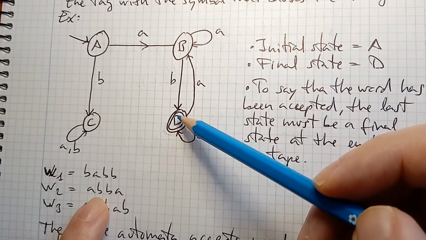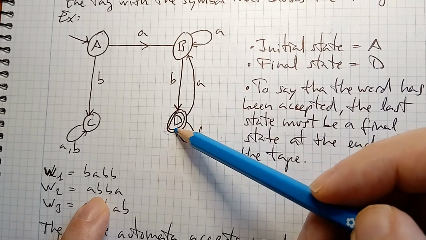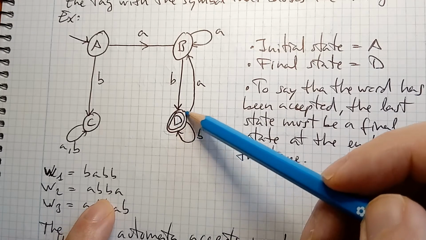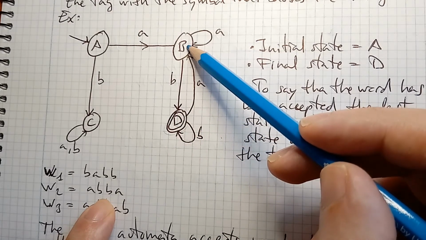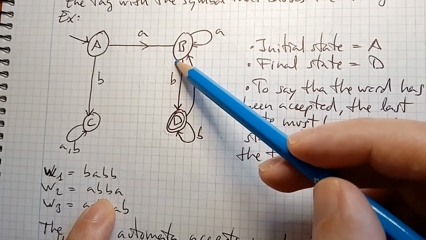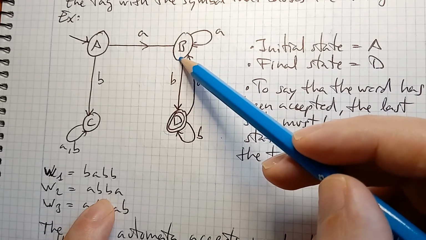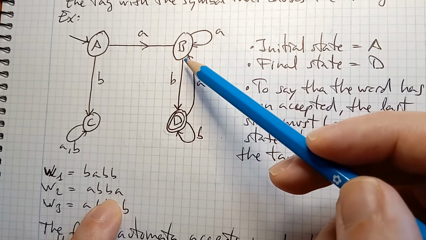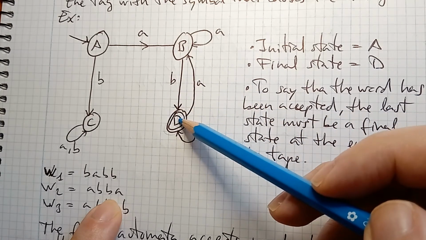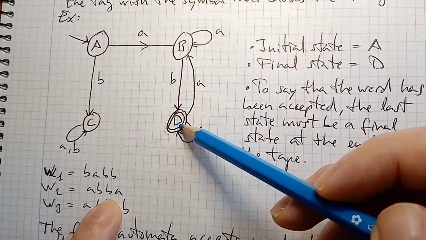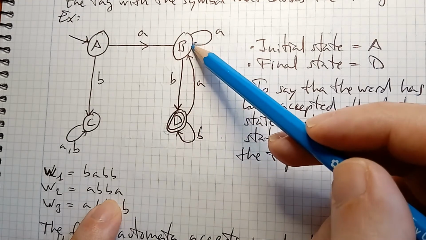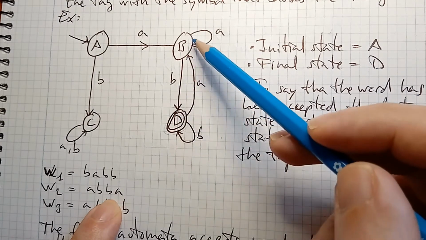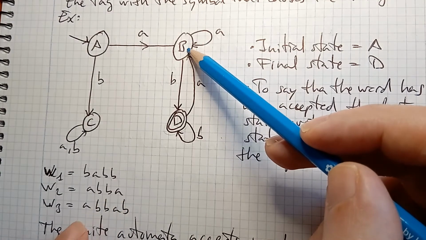But still one B remains, in the final state, and an A. And we end the string in a non-acceptor state, so the word is also rejected. Although we have passed by the final state, at the end of the string we are not in a final state, so the word is rejected.